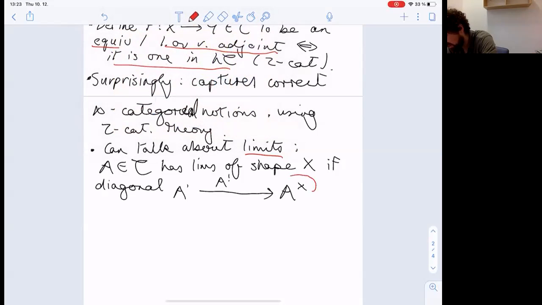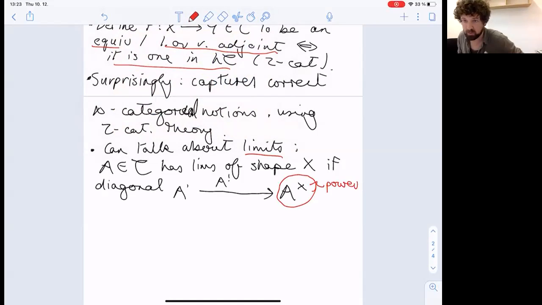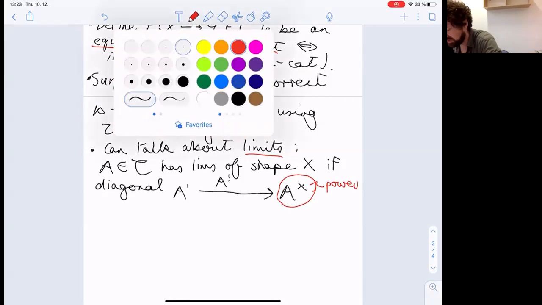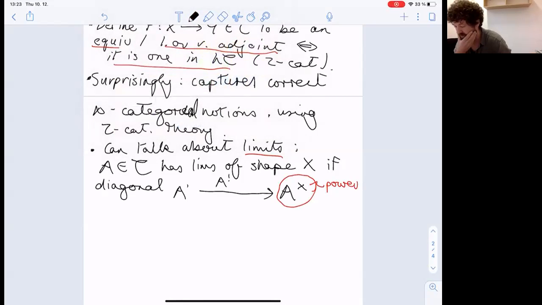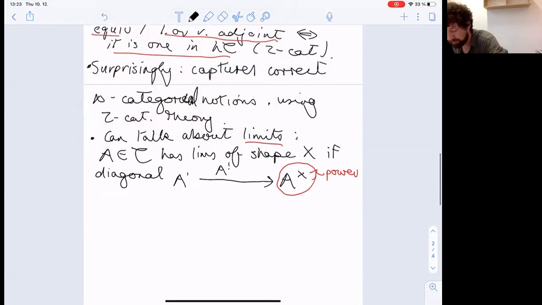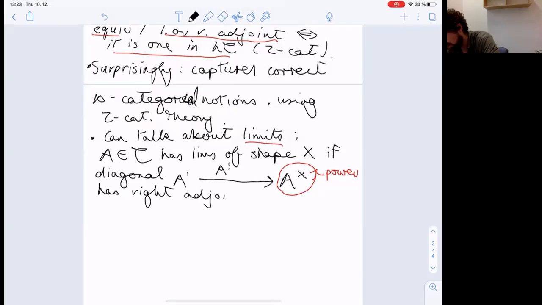Remember that an infinity cosmos has powers by arbitrary simplicial sets, so we have these constructions available. And so we say that A has limits of shape X if this diagonal map, which always exists, has a right adjoint, because we've defined right adjoint already.